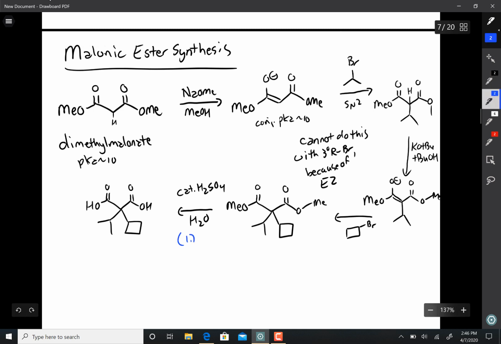You could have also used saponification followed by H3O+, and that would give you the same results. All you're doing with the acid and water is the reverse of the Fischer esterification or saponification. You're changing an ester into a carboxylic acid, and these compounds are called beta keto acids.